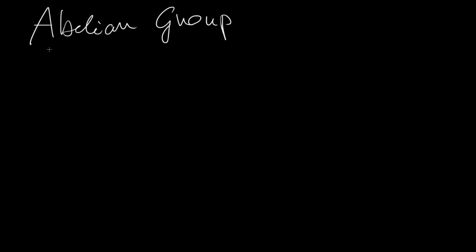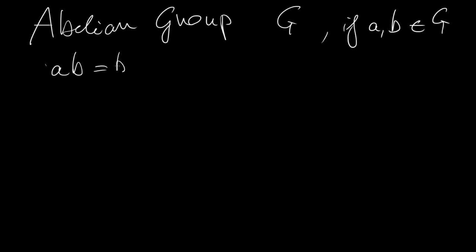So in an abelian group G, if A and B are in the group G, then we have AB equal BA for all A and B in the group. For all the elements can be commuted.